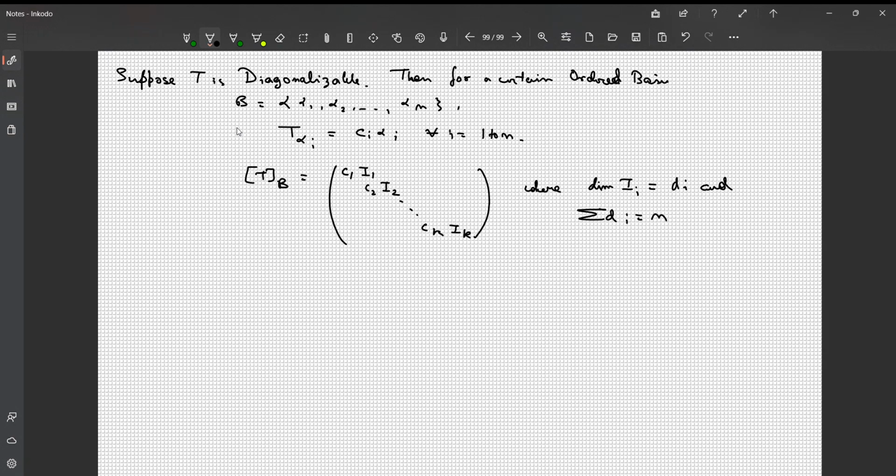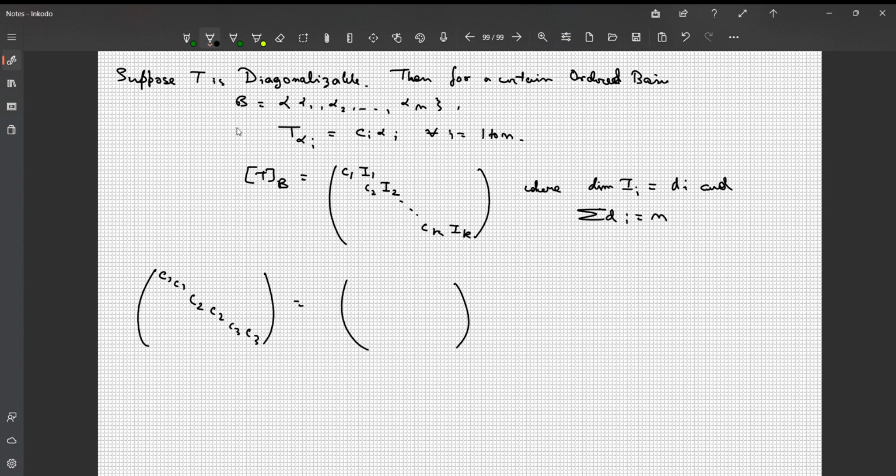Now we have considered such a representation to ensure that the repetition of these scalars ci is accounted for. That is the goal behind this representation. Suppose you had the matrix of this form, say c1, c1, c2, c2, c3, c3, right?